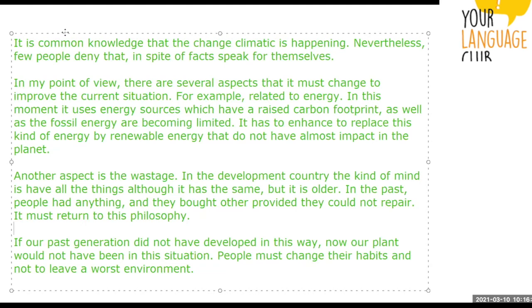It must return to this philosophy. Okay, and Adrián, the last one, please. If our past generation did not have developed in this way, now our planet would not have been in this situation. People must change their habits and not to live a worse environment.